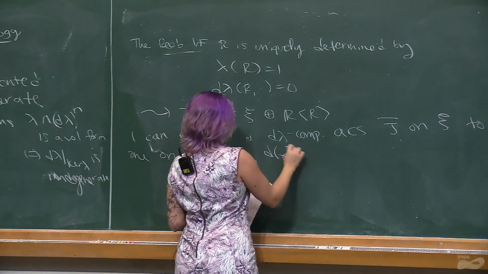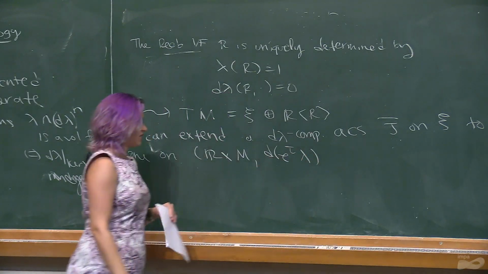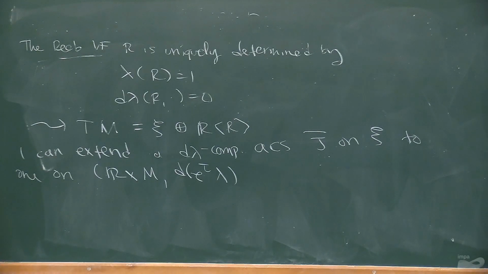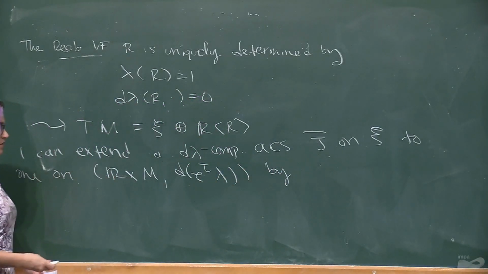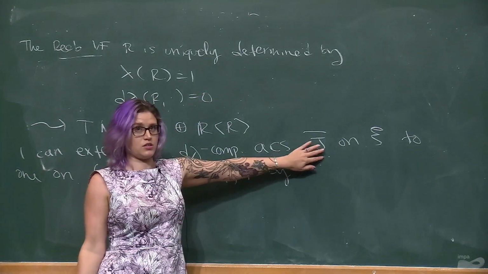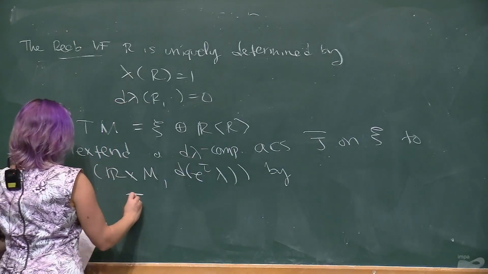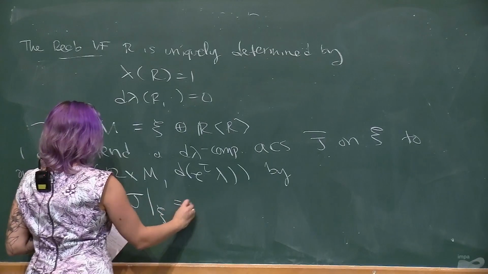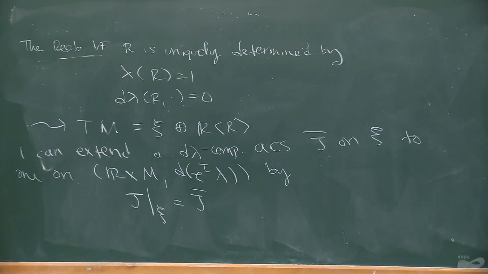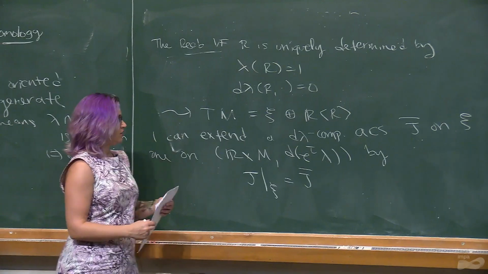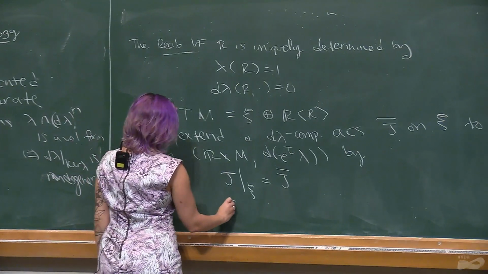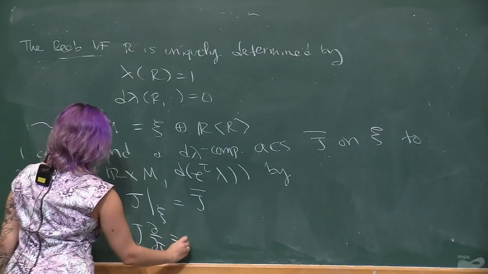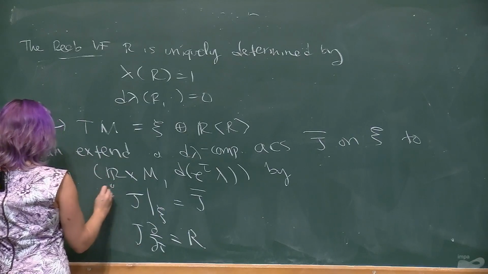This compatibility just says that I'm getting a Riemannian metric when I pair J with my contact form. And this is going to be a translation invariant extension of my complex structure on the contact distribution. So I want J restricted to xi to be this original J that I picked, and then I want to intertwine the Reeb direction with the R direction of the symplectization. So I want J of d/d tau to be equal to R, where tau is my coordinate on R.